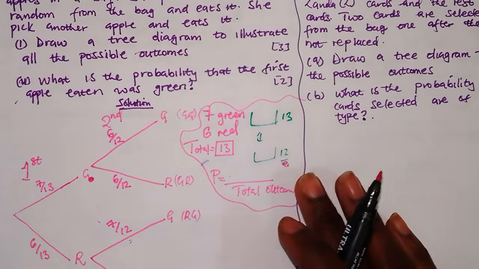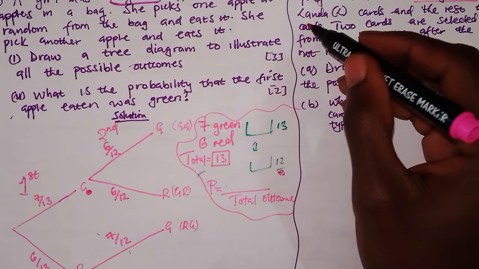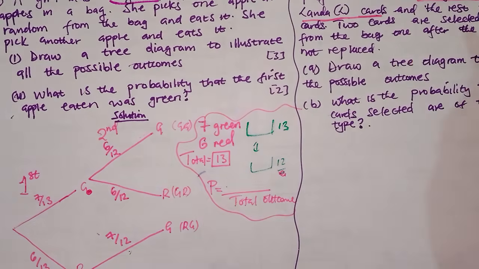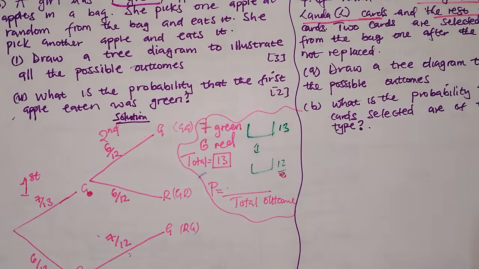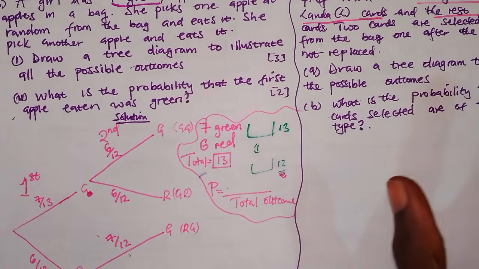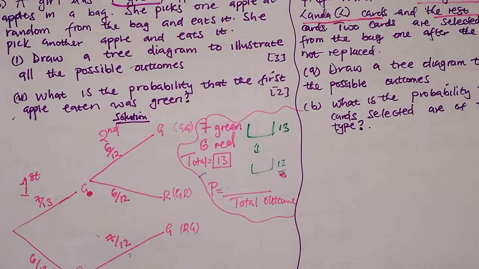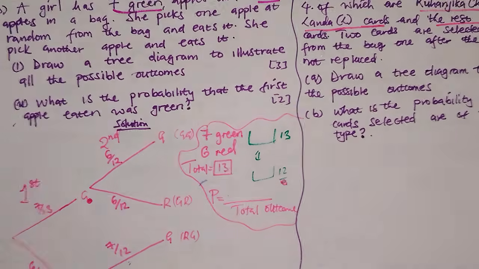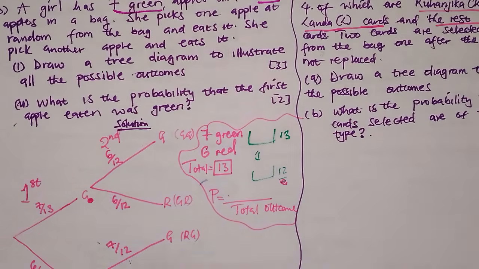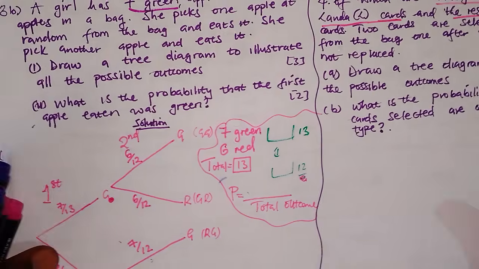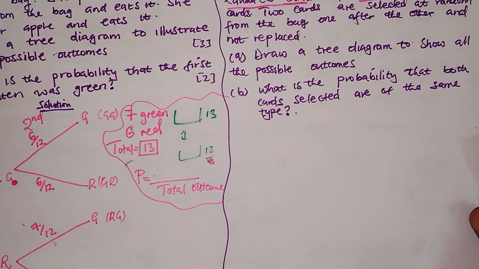The second, we have 3 which are landa cards, and lastly we have vulela, which is B. 2 cards are selected at random from the bag, one after another, and not replaced. So it's the same principle. Here they will always say a card, an apple, a dice is picked without being replaced. The concept is the same. I repeat, the concept is the same. Once you understand the concept, no question will be difficult.